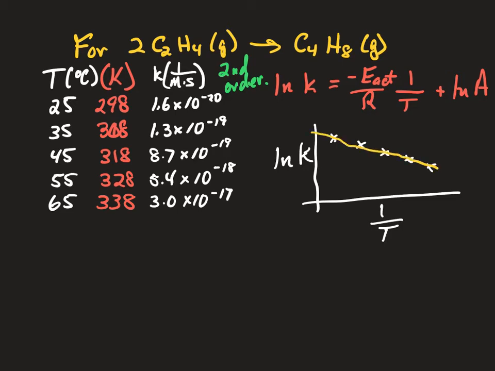Right, where we get a nice straight line, and the slope of that straight line is negative 18,965.